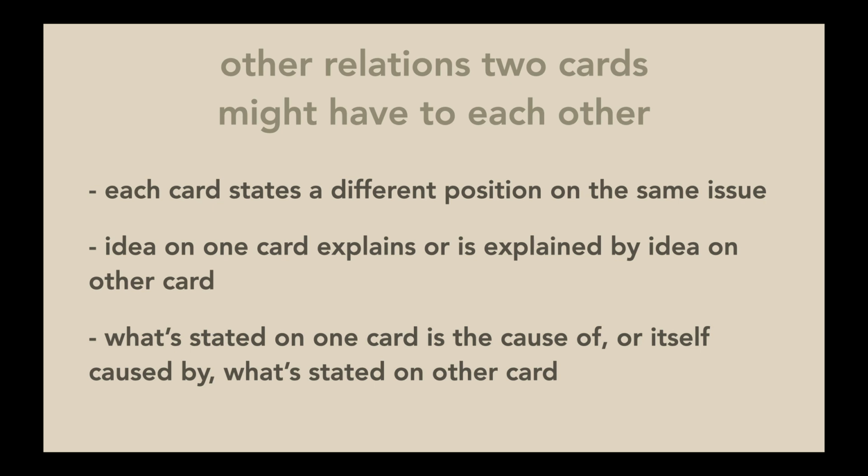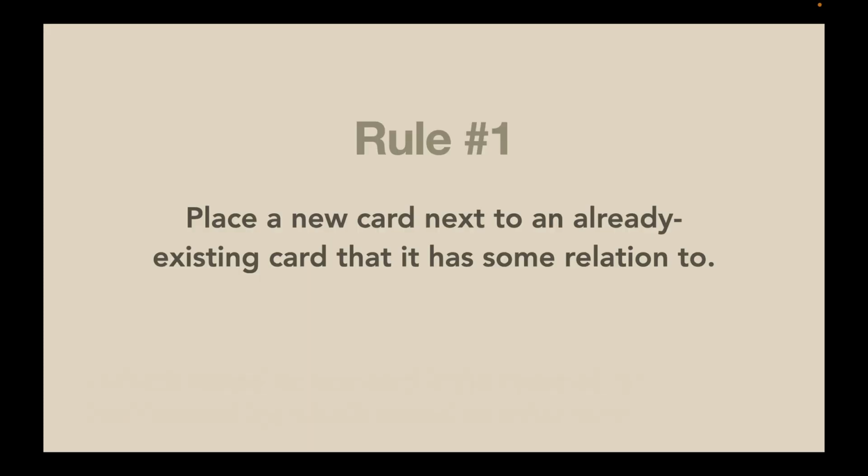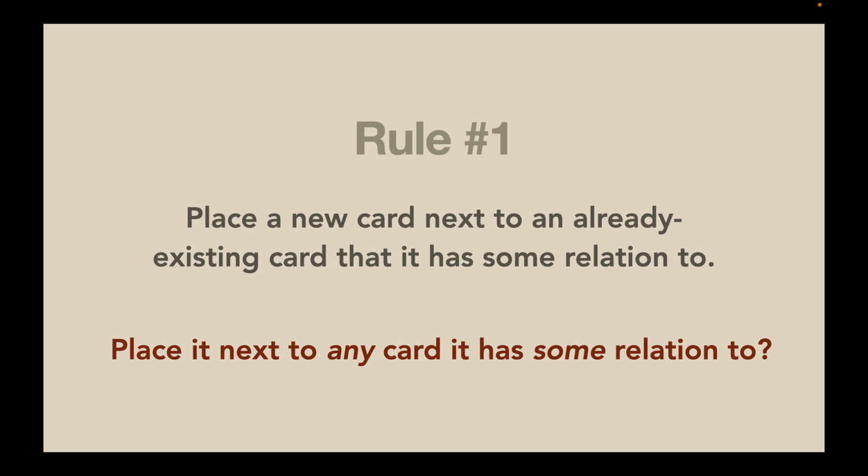Since similarity is just one kind of relation we might have in mind when placing cards next to each other, I think we'll be on surer ground if we have our golden rule be the one I just presented. Place a new card next to an already existing card that it has some relation to. Now you might be wondering, place it next to any card it has just some relation to? No and kind of yes. I say no for this reason.